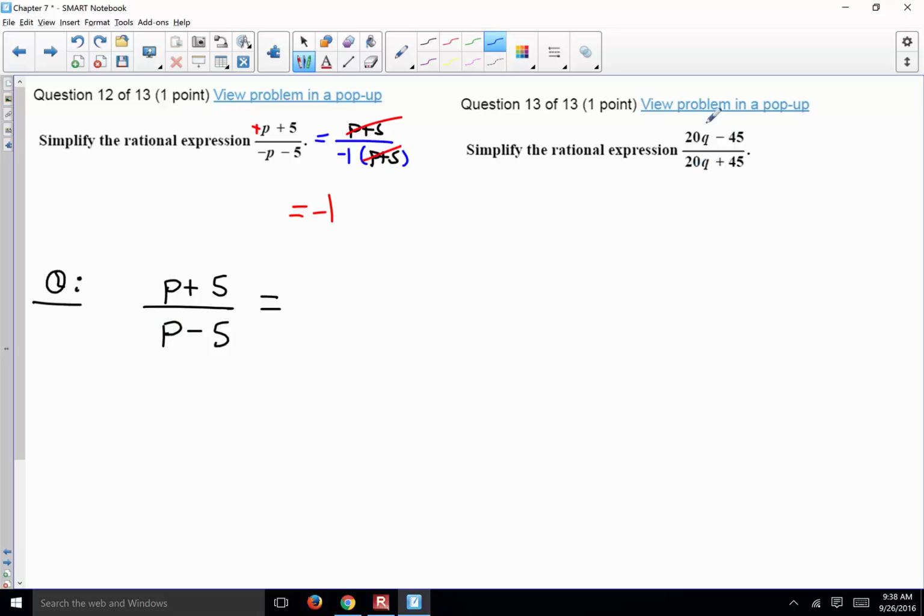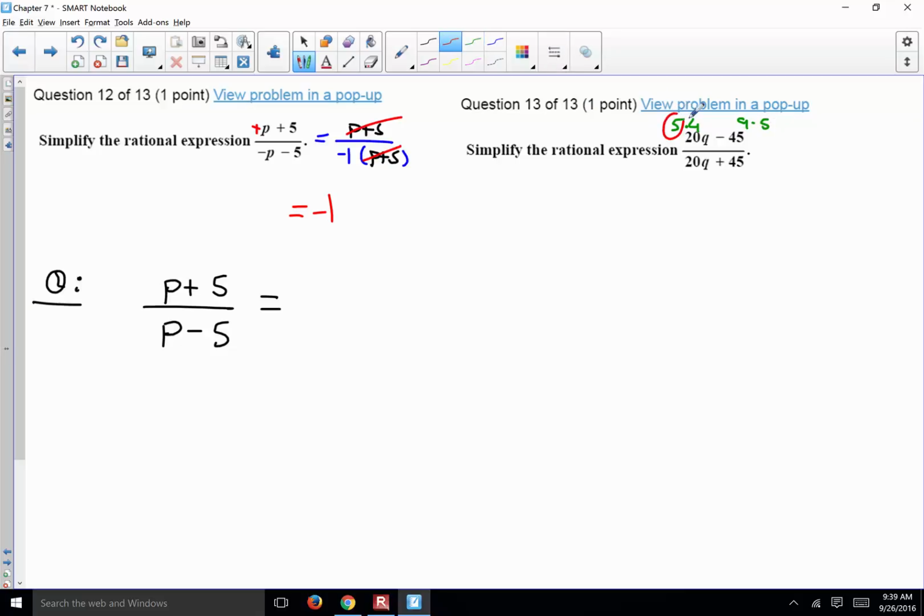Alright, what do you think about the last one? My first initial response is just like here, same, but these are opposite. We cannot cancel entirely as 1 or minus 1, but there is another cancellation here. What is 20 and 45?